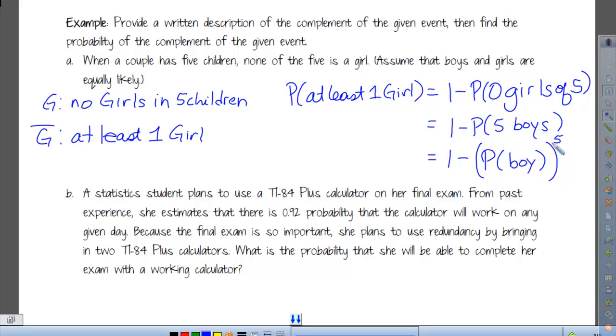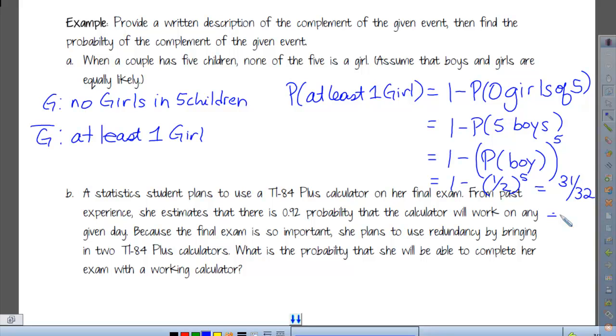The 5th power. Excellent. I think y'all were here last time. So 1 minus 1/2 to the 5th power. 1/2 to the 5th is 1 over 32. So we get 31 over 32, and that's some decimal that you could state. But the probability of at least one girl would be 31 over 32.